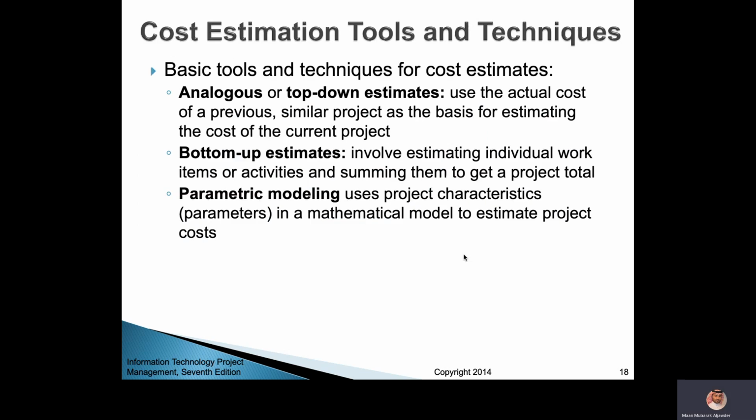Now, estimation techniques, there are many also, but these are the 3 most popular techniques. You can have the analogous, or what we call the top-down estimate, and this is basically simple.